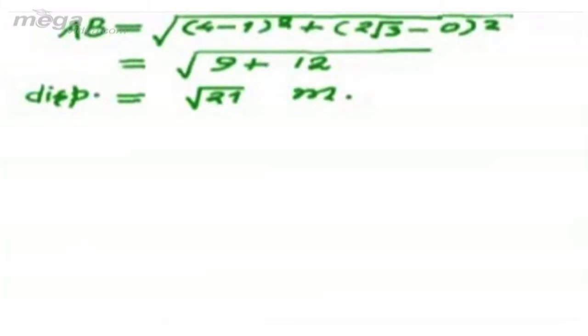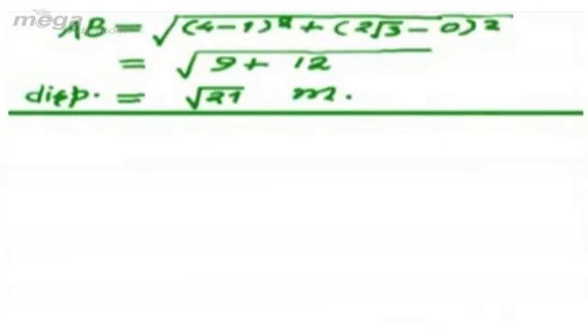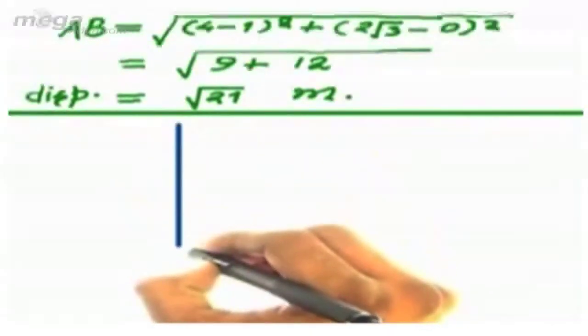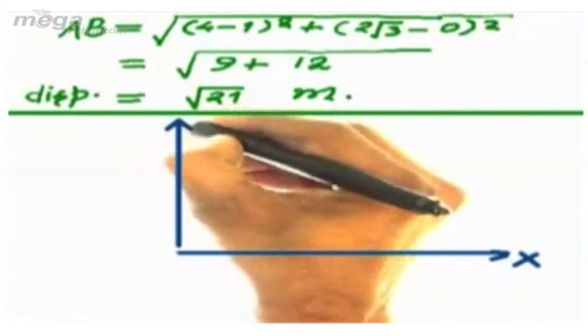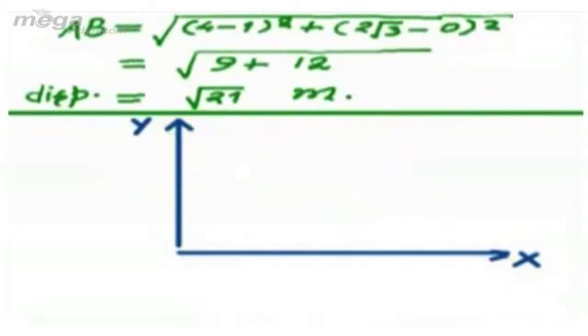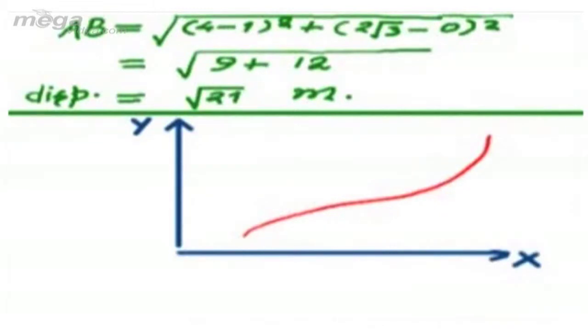Now if we want to get the distance traveled in the same example, then again we have to draw the same curve for the given equation. Here on this side we are taking x and on this side we are taking y, and the curve is say of this type.